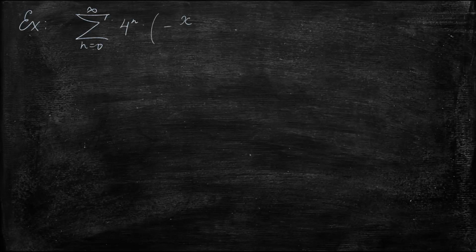I guess I should write it like this to make it a little harder to see the pattern. Can we identify which function this power series converges to and its interval of convergence?